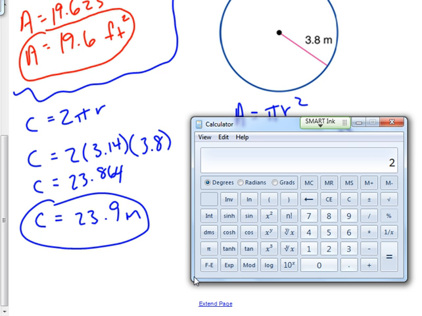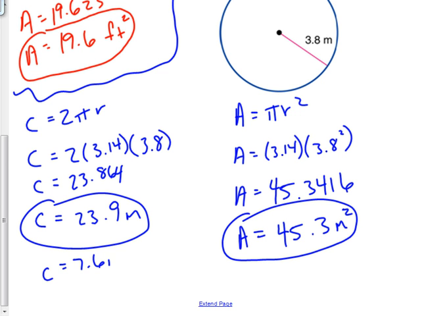So I would just do 2 times 3.8. That gives us 7.6. So if I were to answer that in terms of pi, I would say C equals 7.6 pi meters. Okay, that's how you would answer it in terms of pi.